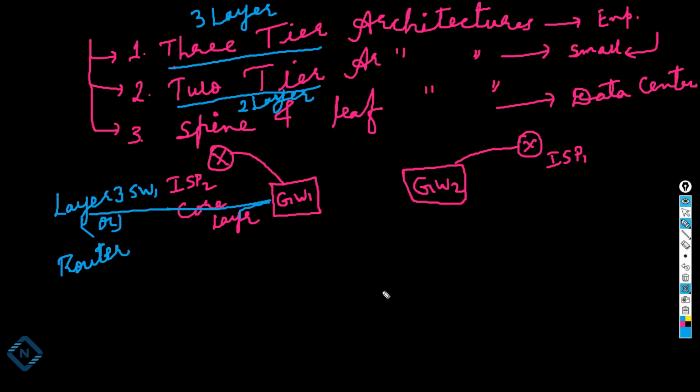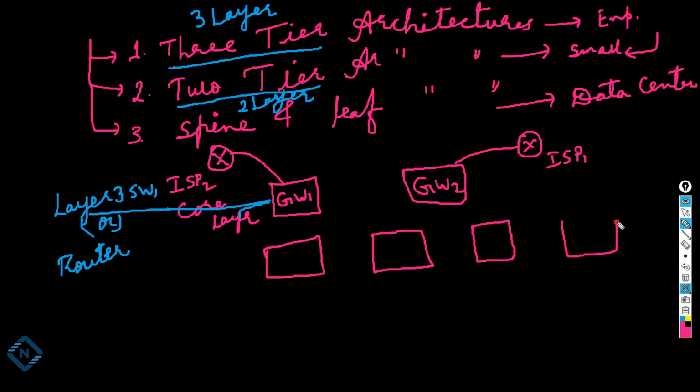Same thing here also. After that we will have one more layer, that is known as the distribution layer. We can call it distribution layer, or we can call it aggregation layer, both are the same. So I am taking one example. We have 4 switches. This is known as the distribution layer.